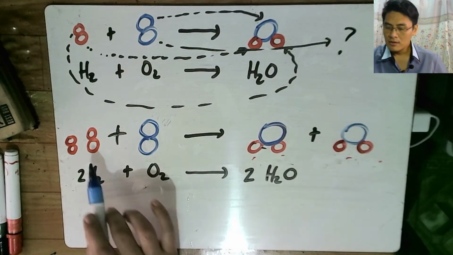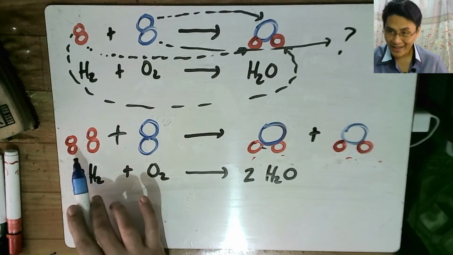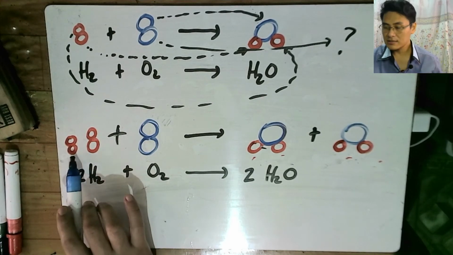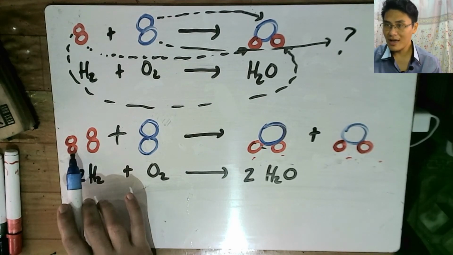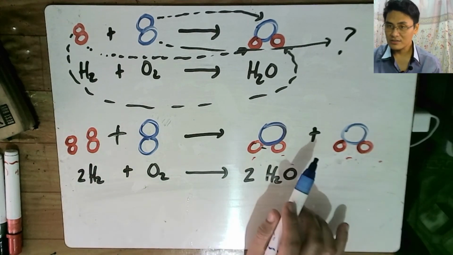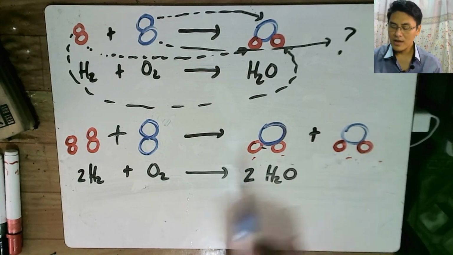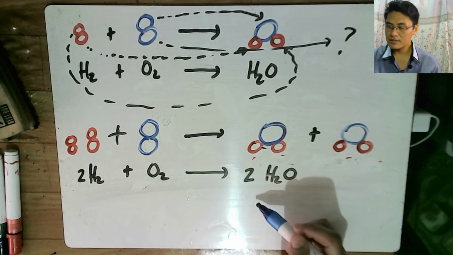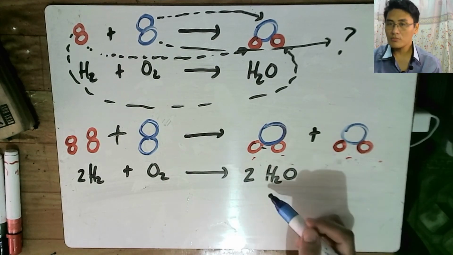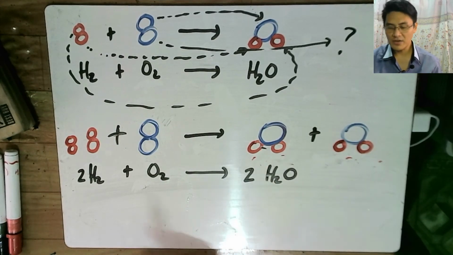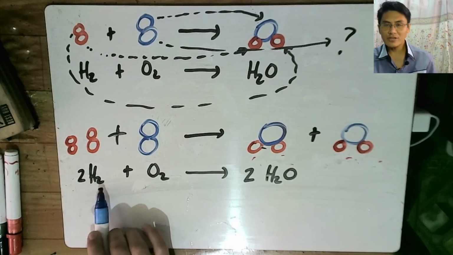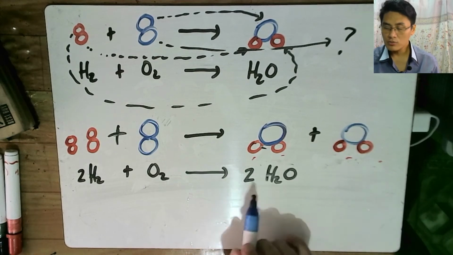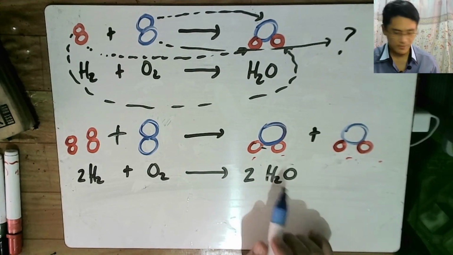And that means you have to add one molecule of hydrogen gas, because one molecule of hydrogen gas is composed of two hydrogen atoms, right? And then you do this. So now you have hydrogen gas plus oxygen gas reacts and forms water, or to be specific, two molecules of hydrogen gas plus one molecule of oxygen gas forms two molecules of water.